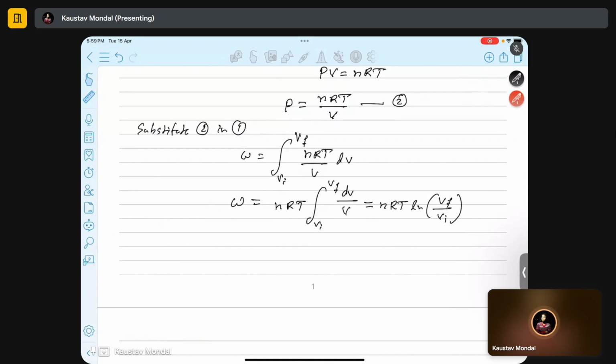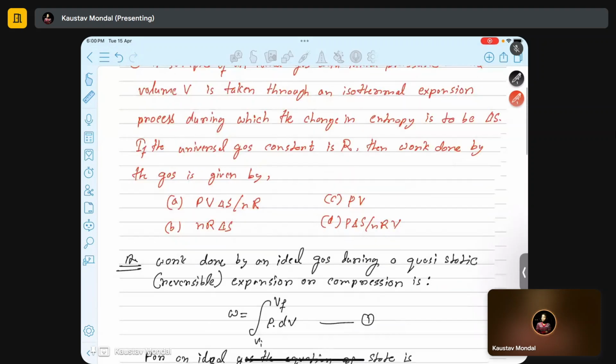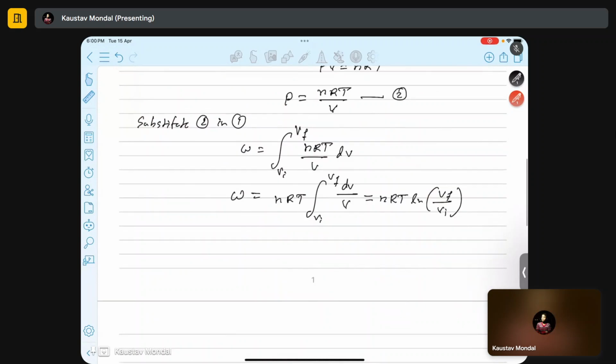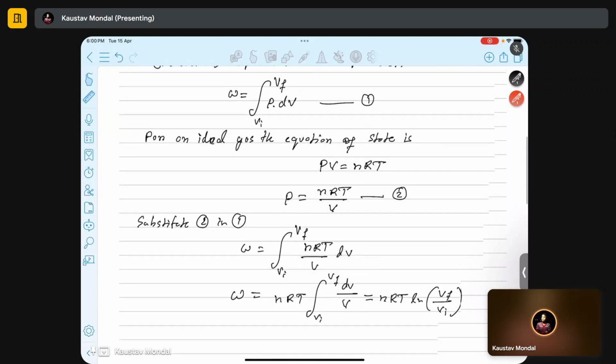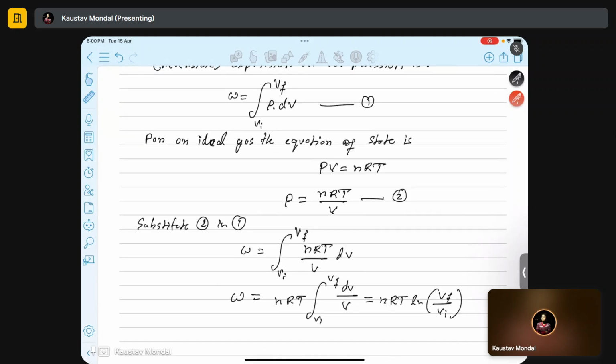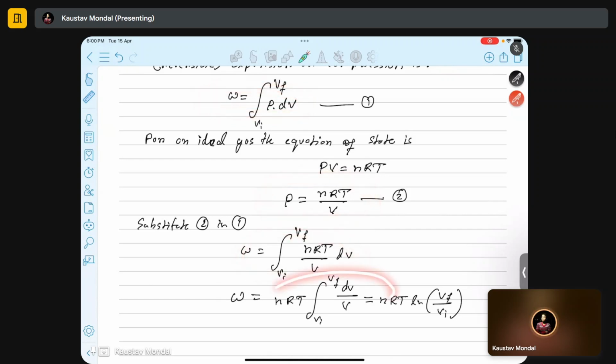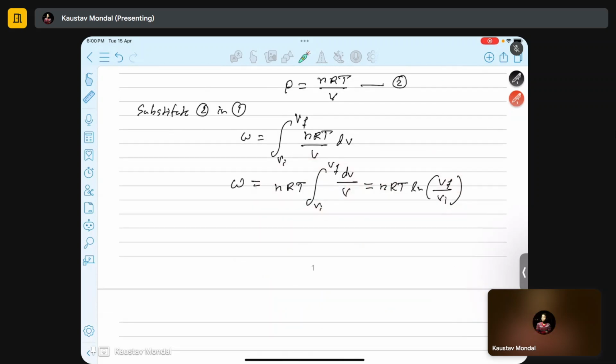Given that this is an isothermal process, isothermal means the temperature is constant here. If you want to calculate the work done, you just use the general formula of work, substitute the expression of P into it, and if you do the integration, this will give you the total work done where the temperature is constant.